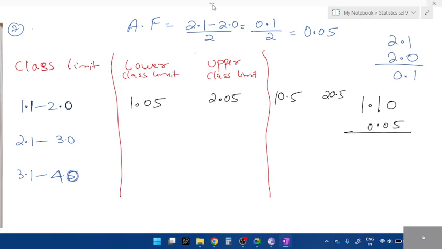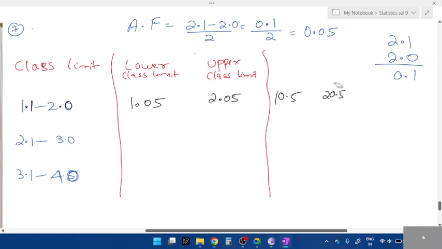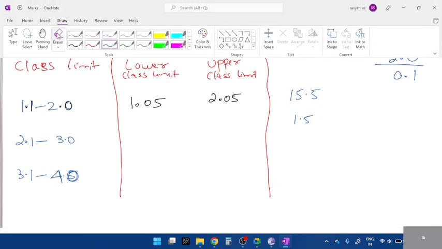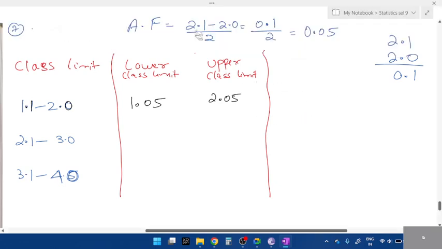What is class marks then? 15.5 is 1.55. Understood. Okay. Even that is also fine. Others, how long, students? What do you get? 2.1 minus 0.05 is?